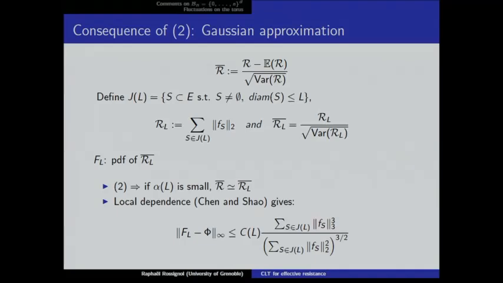And it turns out that you can relate these quantities when S is of bounded cardinality. S has, here in J of L, S has bounded diameter.